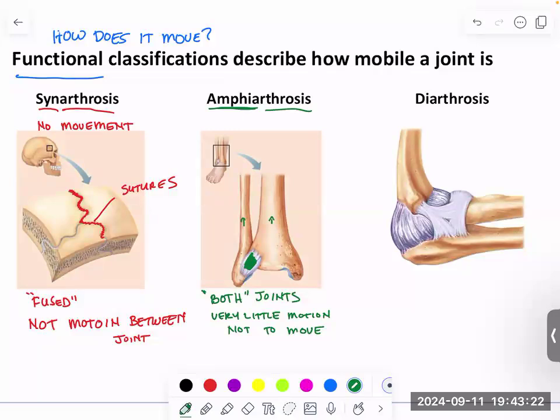So that joint is going to keep them very tightly bound, and it's only going to move a little bit when like you take a stumble, when you take a fall, when you twist your ankle more than you should. It's going to move a little bit to accommodate those motions, but it wants them to stay together. This is an amphiarthrosis joint. Little movement.